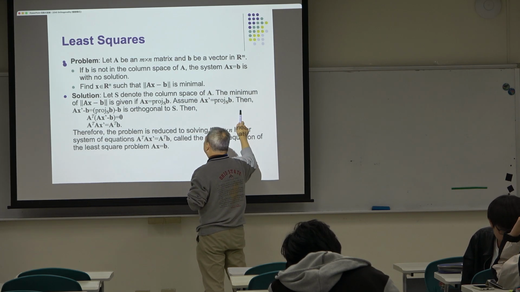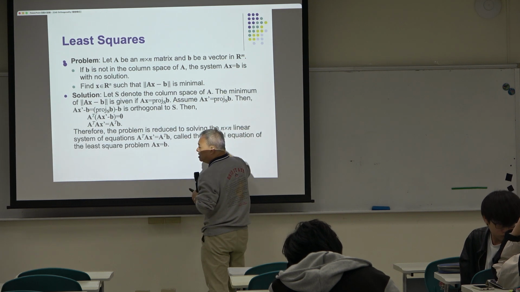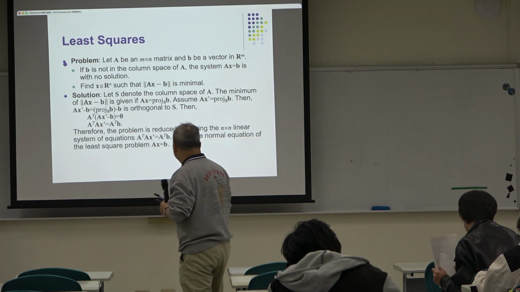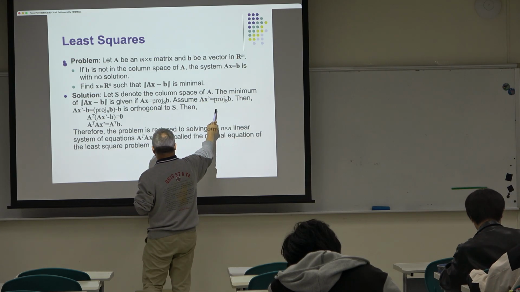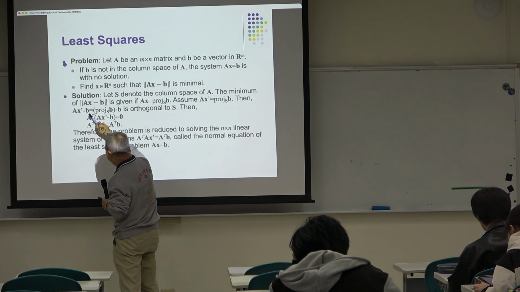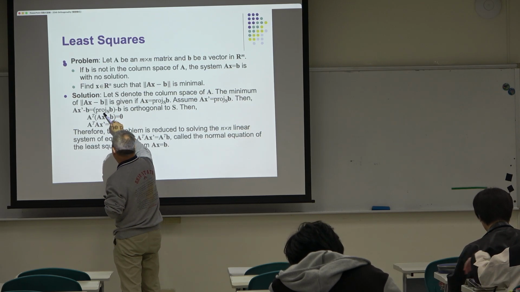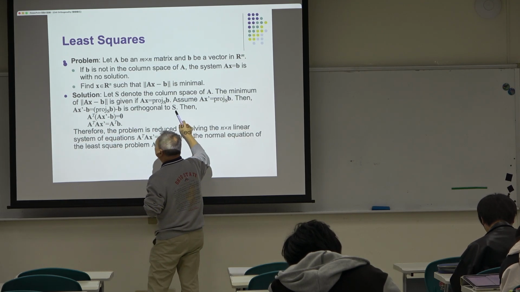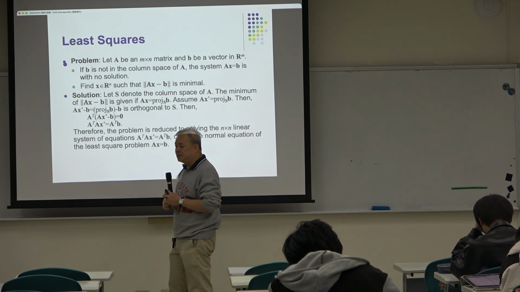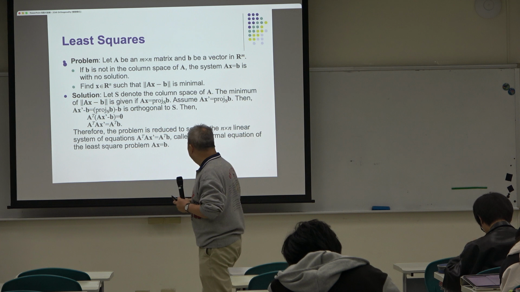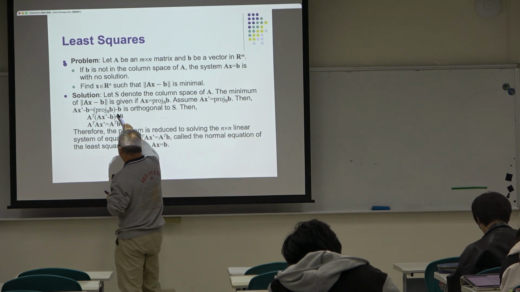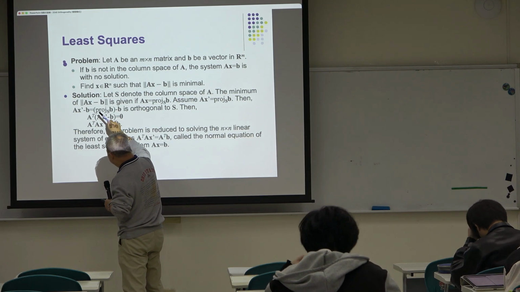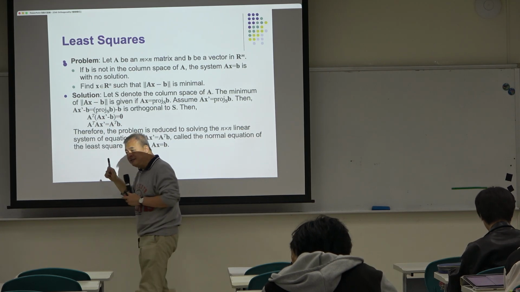This one has a solution, because we know this projection will be a vector in the column space, because S is the column space. So then Ax prime minus b, which is the projection of b onto S minus b, is orthogonal to S. Because it is orthogonal to S, A transpose dot this one will be 0, right?